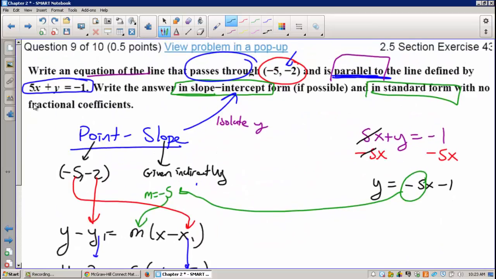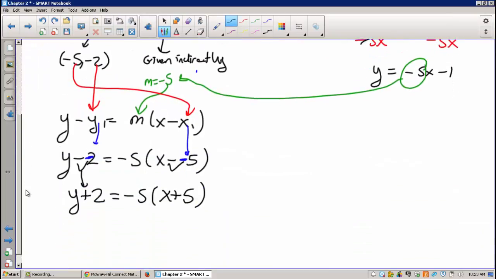But what I found is point slope form. It's not slope intercept form. I should have done this. Point slope form can be made into slope intercept form if you isolate y and expand all parentheses by distribution.